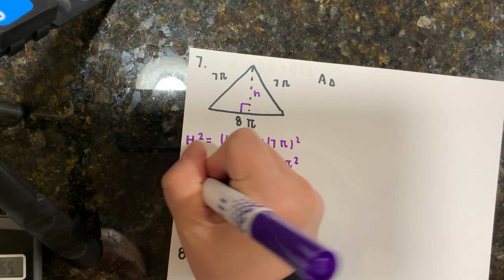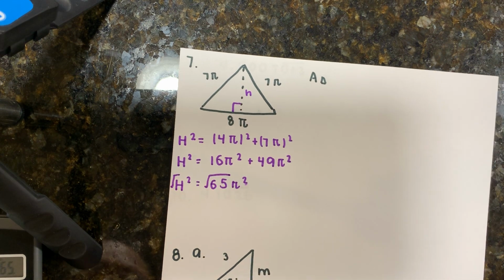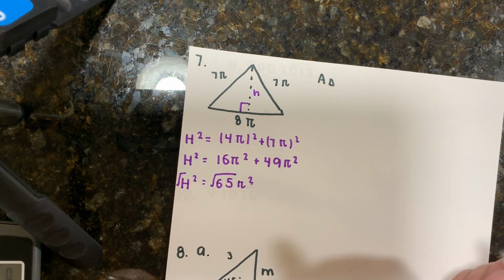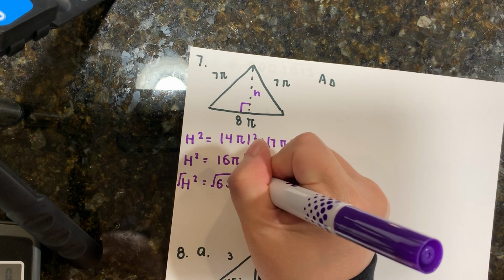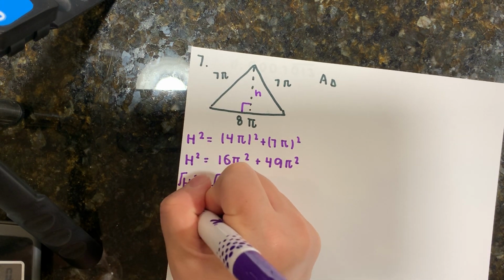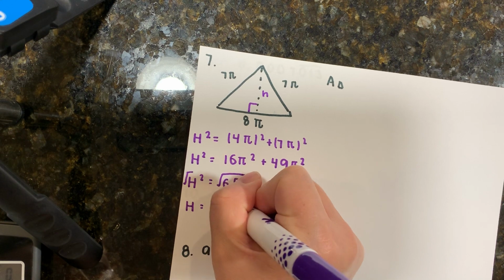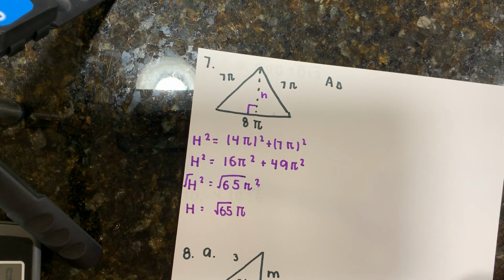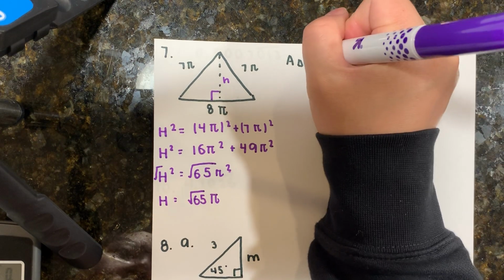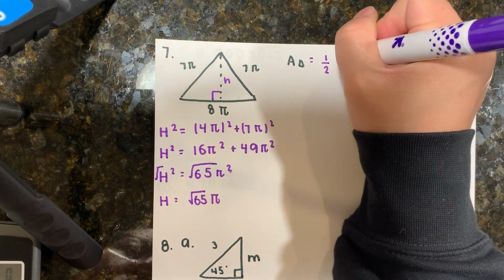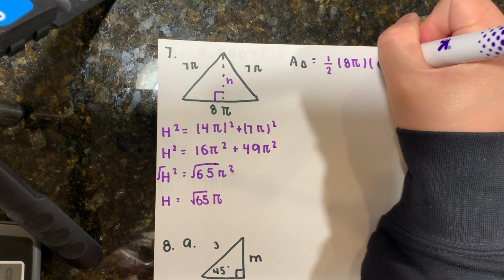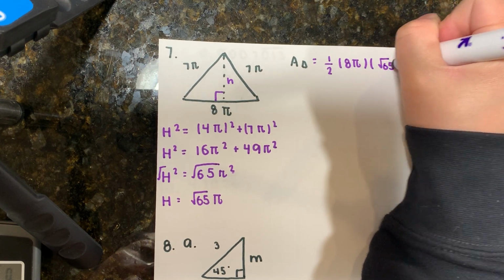So when I take the square root of both sides, you can't take the square root of 65, but you can take the square root of pi squared. So h would be equal to the square root of 65 pi. So now when I find the area of the triangle, it's going to be 1/2 the base, which is 8 pi, times the height, which is root 65 pi.